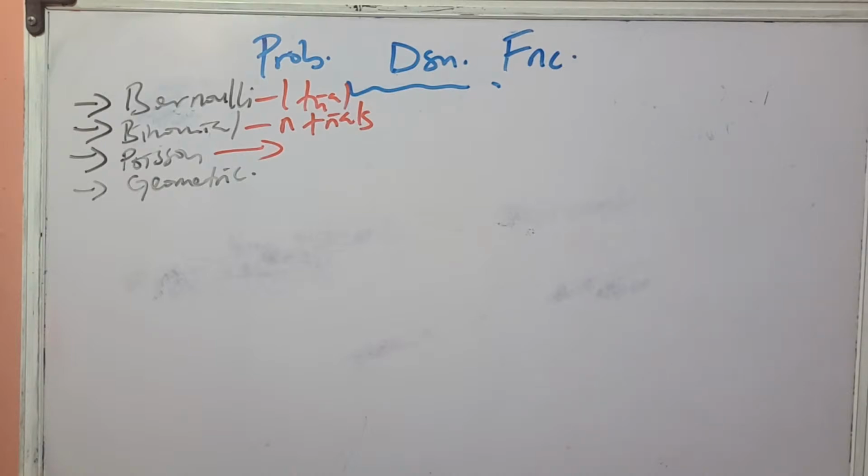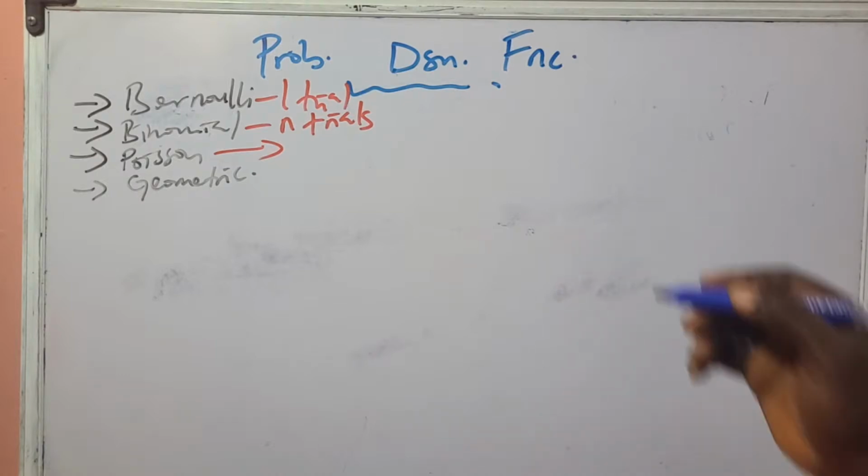Now, what is the peculiarity in Poisson? Poisson expresses the probability of a number of events occurring in a fixed period of time. Let me say that one more time. Poisson expresses the probability of a number of events occurring in a fixed period of time. Now, I understand that some of you heard that, but you could not really put your hands on it.